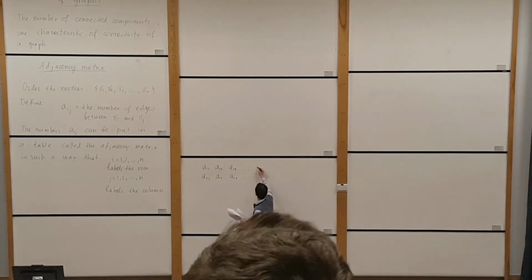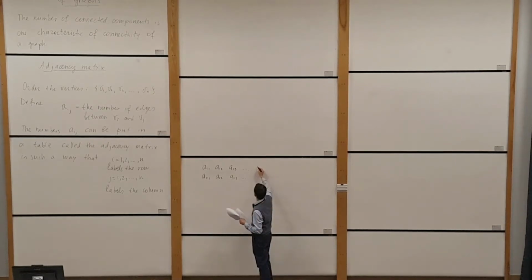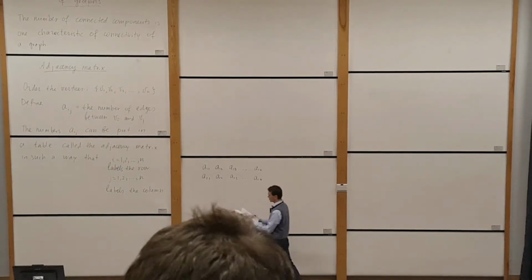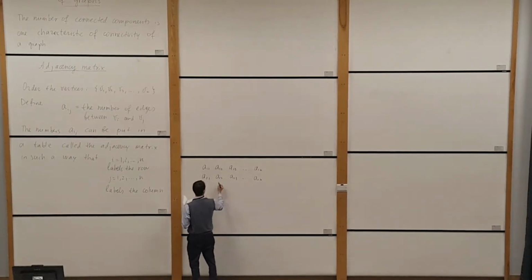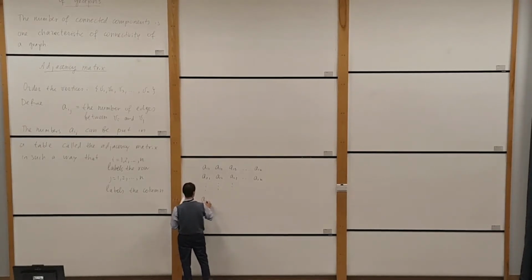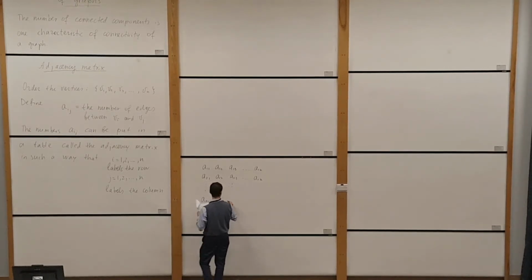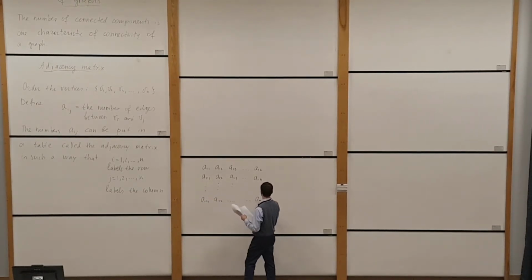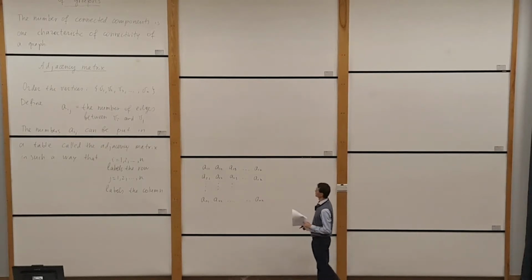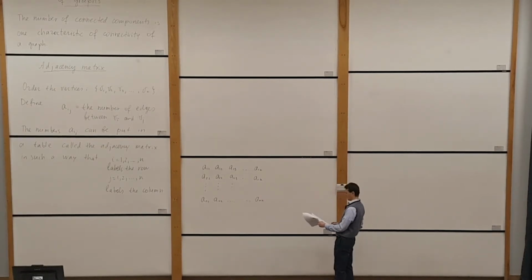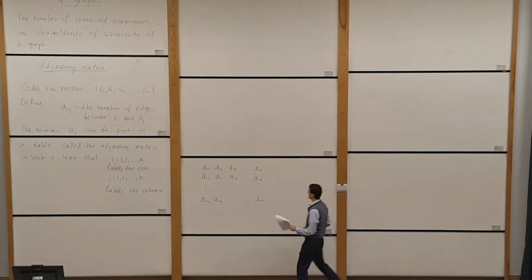The last entry in the first row will be a_1n, and a_2n in the second row, and so on with the last row. The nth row will look like this: a_n1, a_n2, and so on, and a_nn will appear in the bottom right corner.